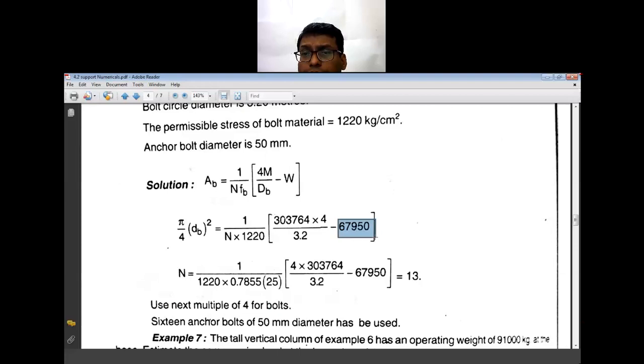Then the number of anchor bolts will come as 13. In general, one has to use anchor bolts in multiples of 4. So 16 anchor bolts will be used, and a bolt diameter of 50 millimeter will be suitable to sustain this bending moment and this wind load.